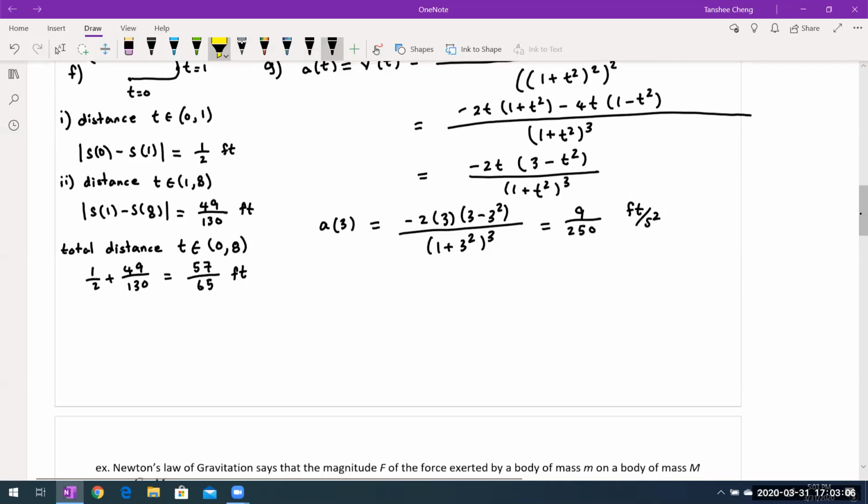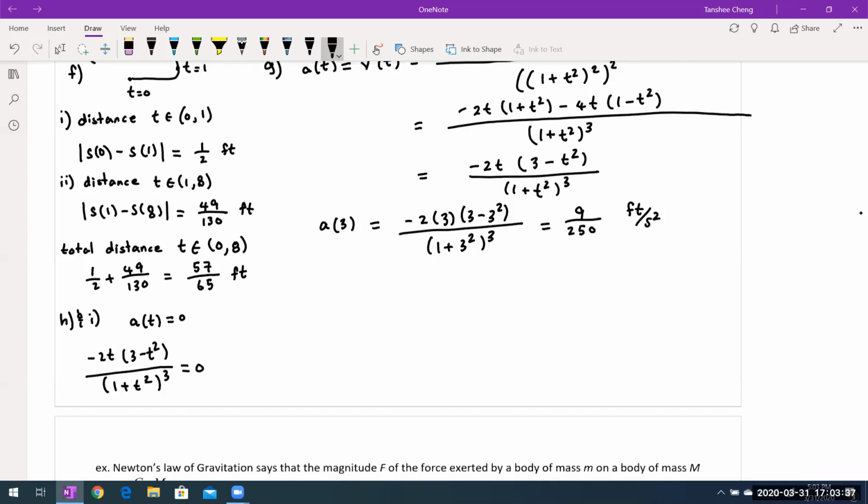For the acceleration function part, I'm going to do h and i together. The first thing I need to know is when the acceleration function is equal to 0. That's basically given to me: negative 2t times (3 minus t squared) all over (1 plus t squared) to the third power is equal to 0.